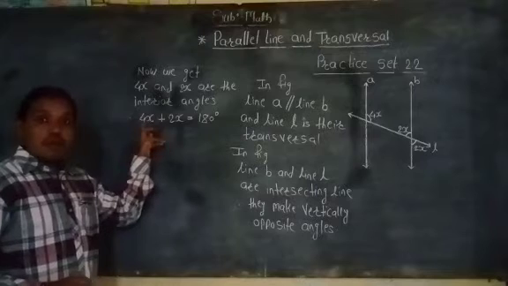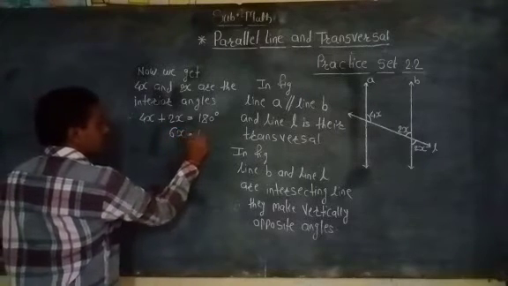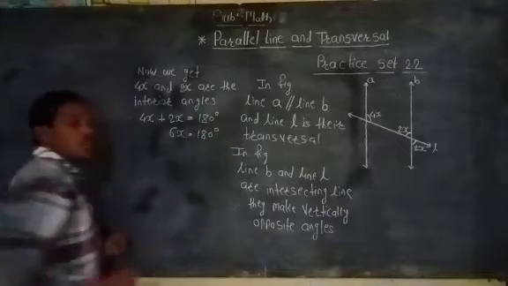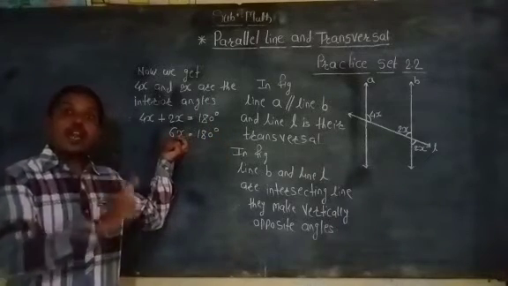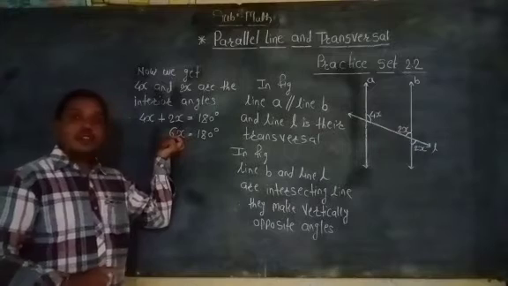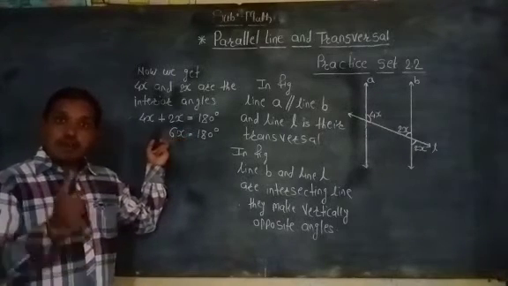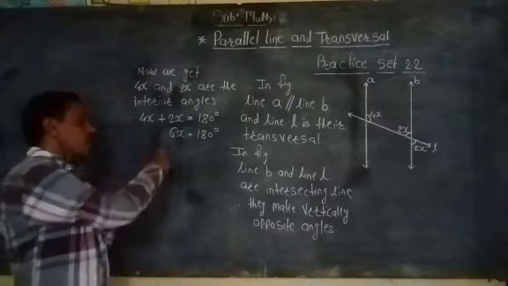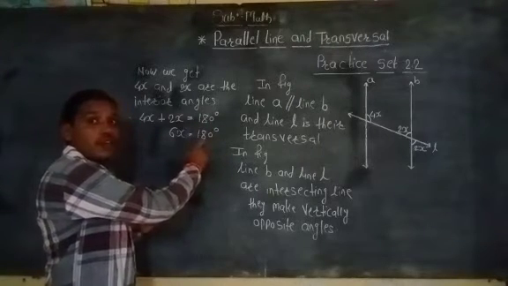So what is the sum of them? 4x plus 2x is 6x. 6x is equal to 180 degrees. On the left hand side, the 6 is multiplied to the variable x, and if it goes to the right hand side, it divides the 180.